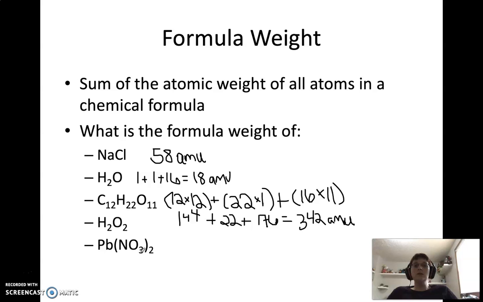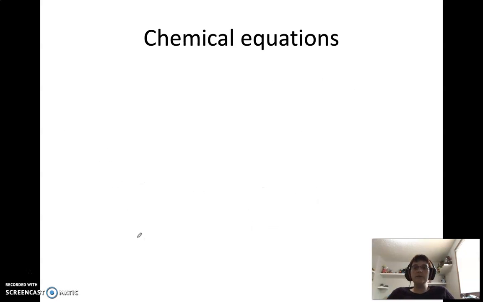With this guy, you have to take this subscript and multiply it by everything inside the parentheses. Remember, this is an ion, so it's working as just one single atom. So this subscript outside of the parentheses multiplies against each of these. So there's going to be 2 nitrogens, and you're going to multiply 3 times 2, so that's going to get you 6 oxygens. So keep that in mind when you go to give that one a try. And the answers for these guys are in the notes section of the PowerPoint as always.